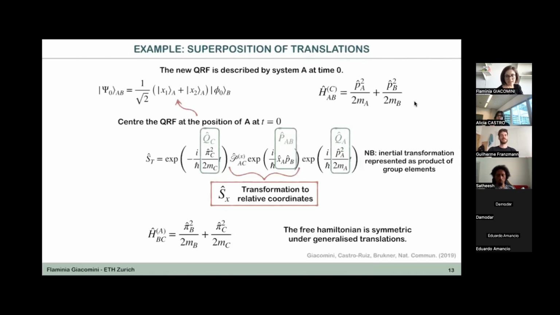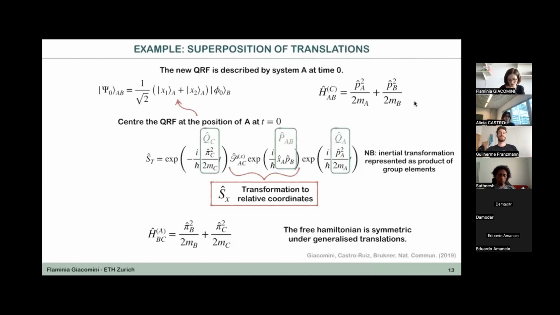Yeah, so that's a calculation that I have done. I don't remember if it's in the paper now. If you take the Heisenberg picture, then you have to transform. There is a well-known relation between the Schrödinger and Heisenberg pictures. The state does not evolve, and you put all the evolution on the observables.